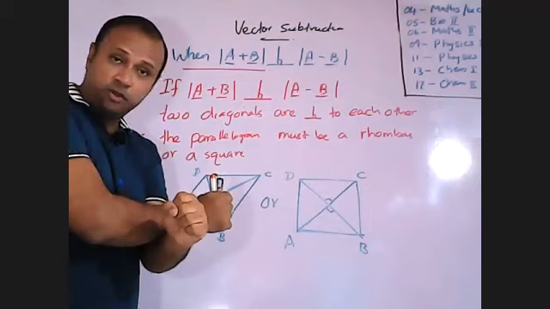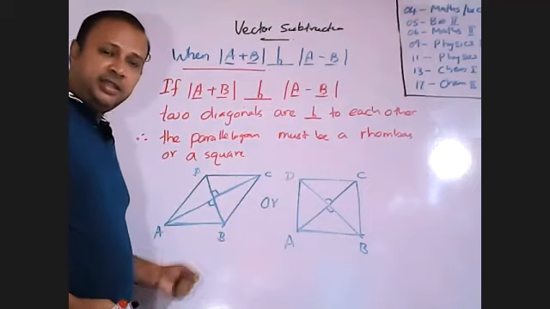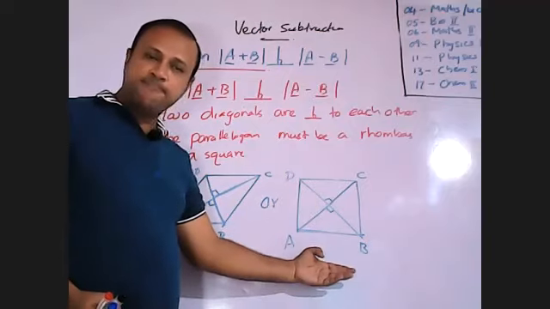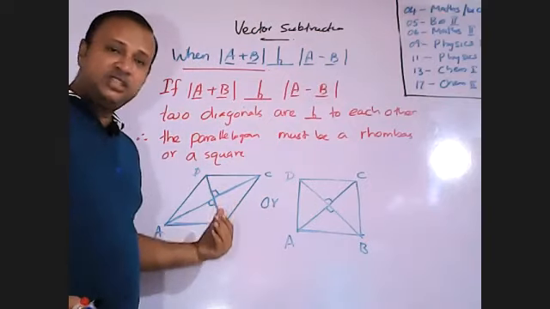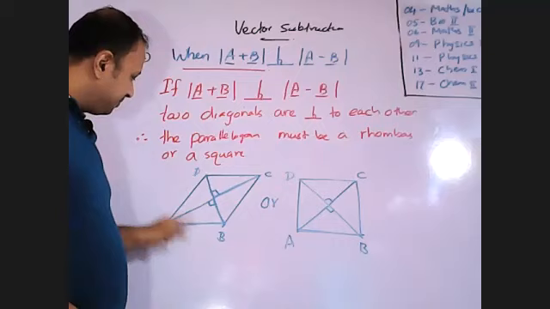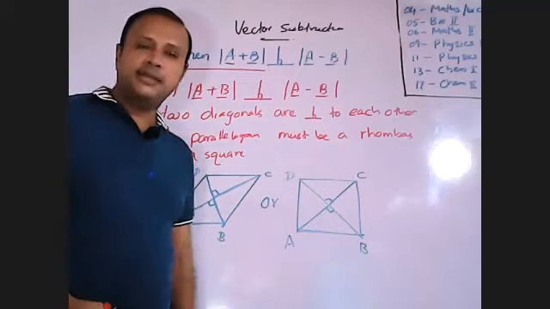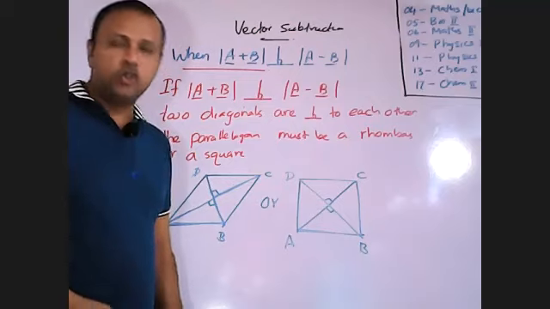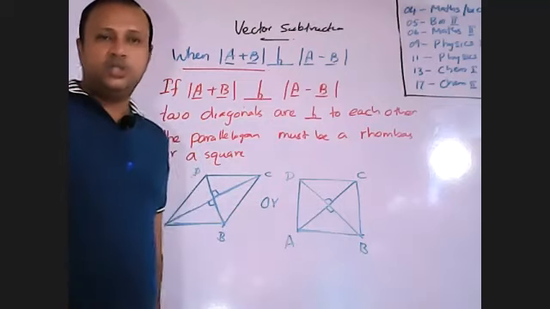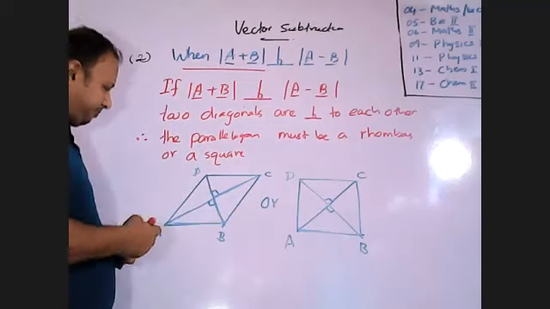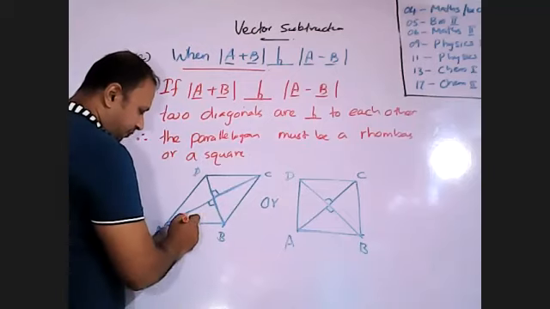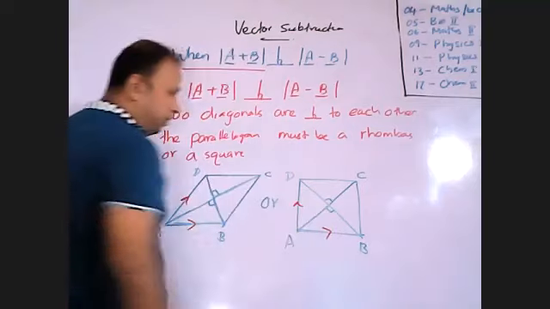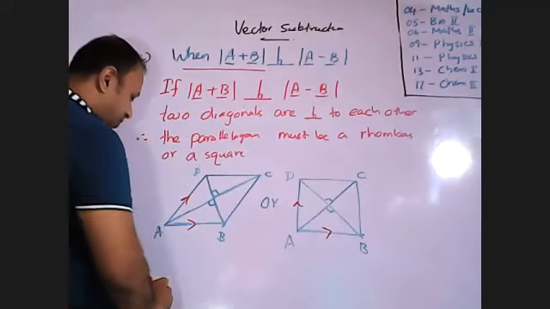Then the parallelogram must be a rhombus or a square. That means sides are equal, which means two vectors should be equal in magnitudes.